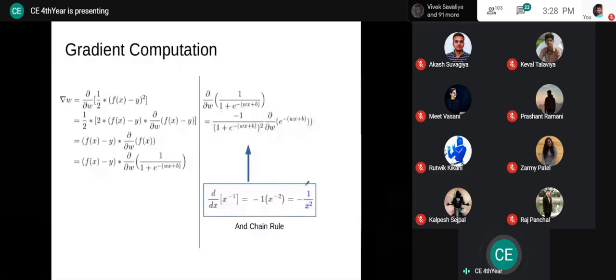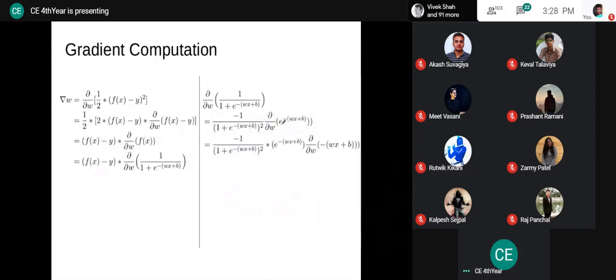Now for this partial derivative, e raised to minus x, the partial derivative of e raised to minus x is e raised to minus x as it is. And once again using the chain rule, we move this term inside.